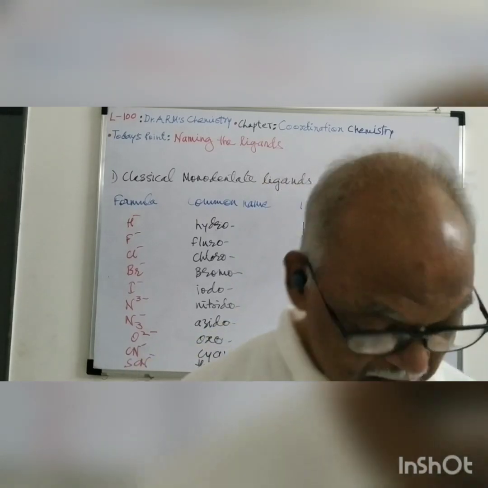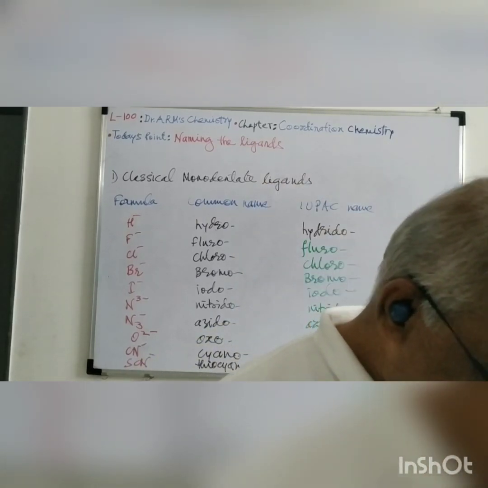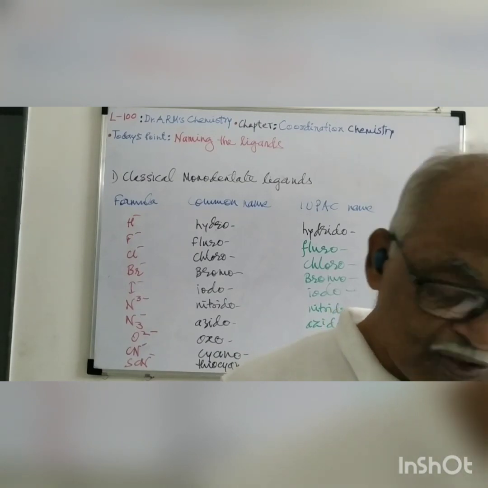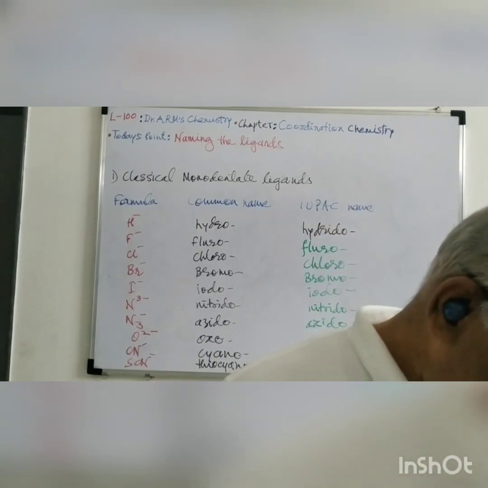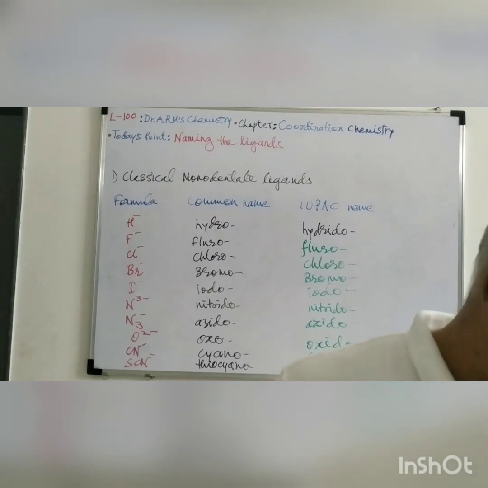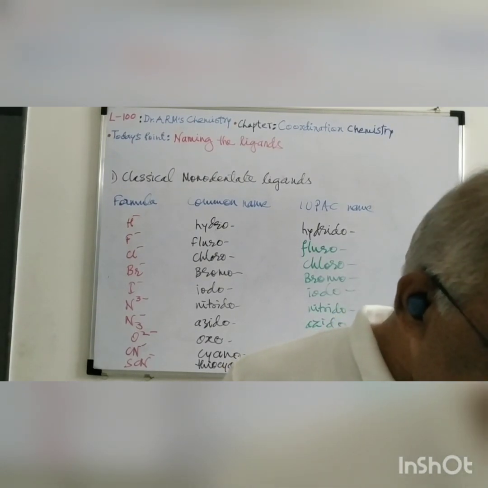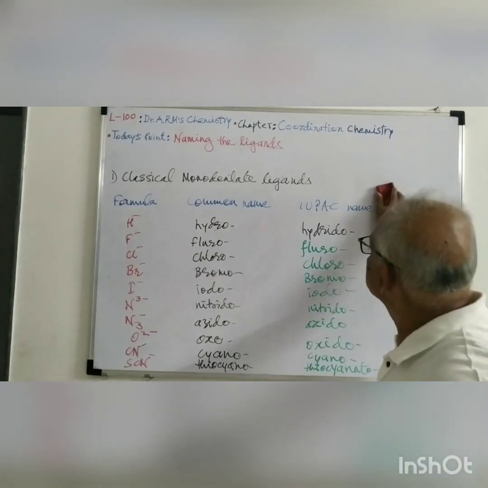So in this way, these are a few examples. Similarly, we can have other names such as hydroxo, that is OH minus. So it also remains the same, hydroxo. Similarly, we can have other names.